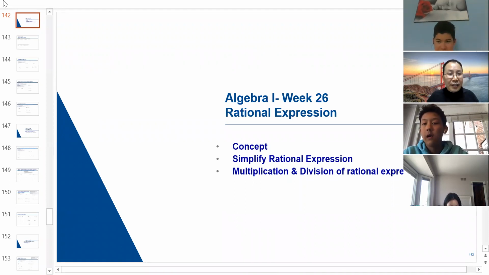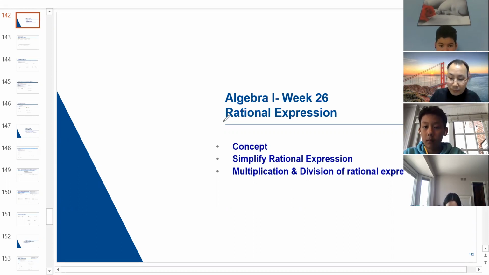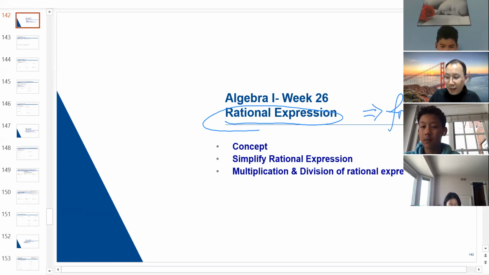In week 26, we went to a new chapter, right? Rational expression. It's actually close to what we learned as the fraction, right? A fraction is made of a numerator and a denominator, right?